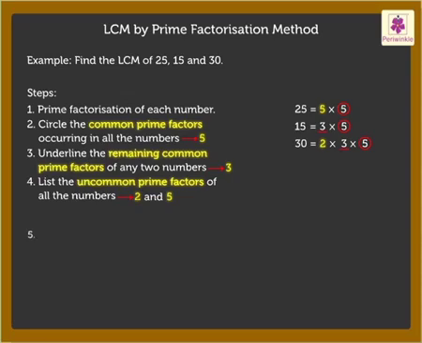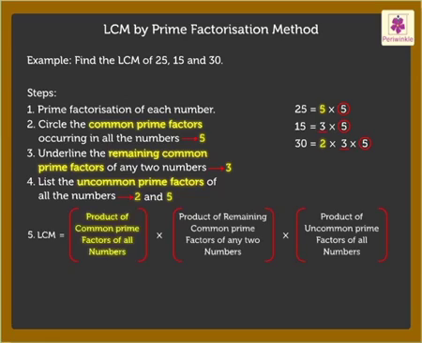Step 5. The LCM is the product of the common prime factors of all the numbers, remaining common prime factors of any two numbers, and uncommon prime factors of all the numbers. Thus, LCM of 25, 15 and 30 is equal to 5 into 3 into 2 into 5 is equal to 150.